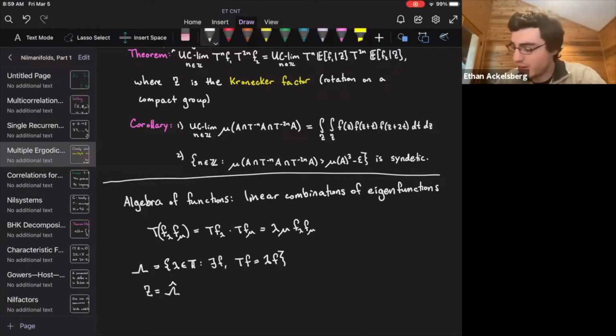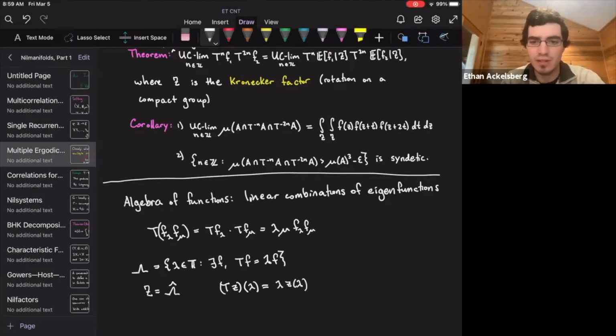So T then acts on the dual, how does it act? T, Z at lambda is lambda times Z of lambda.